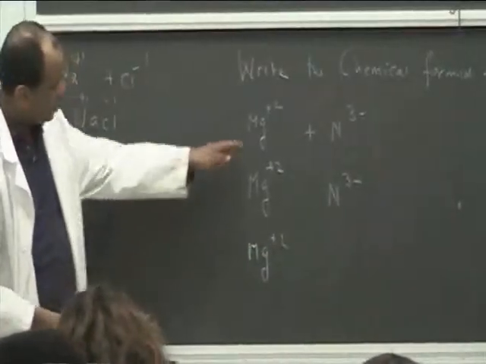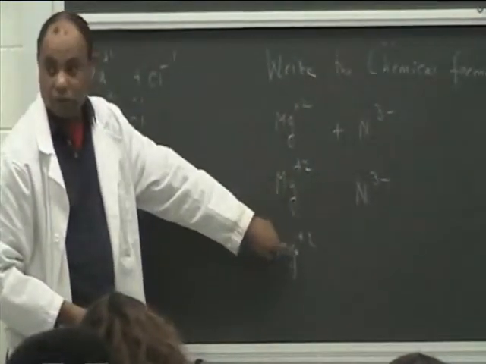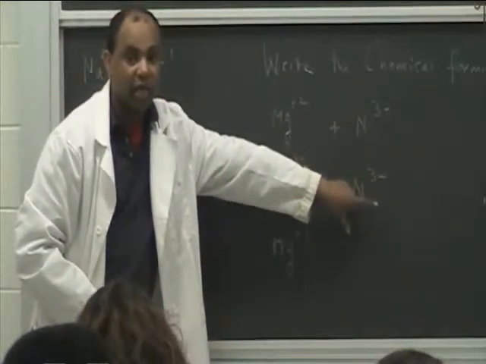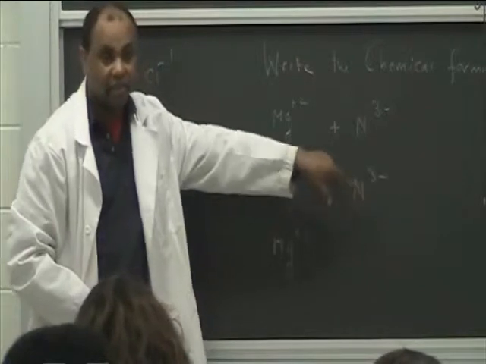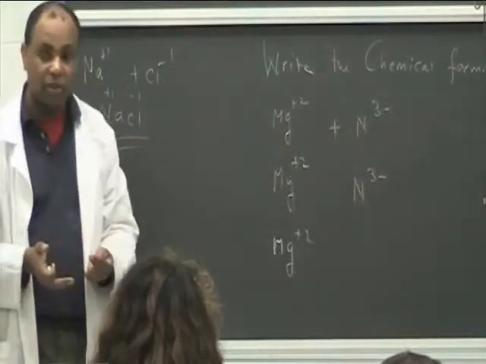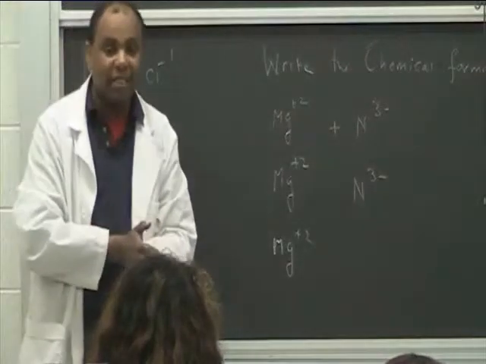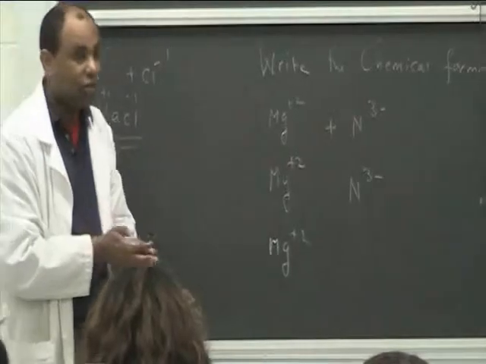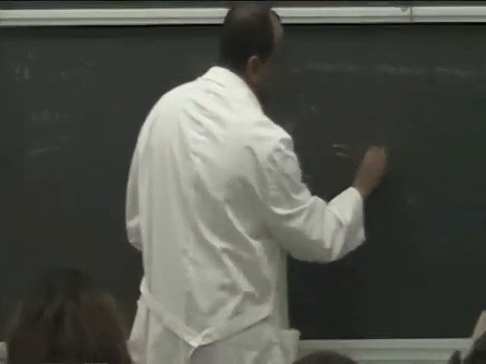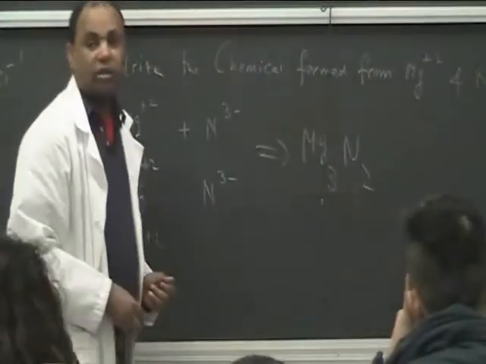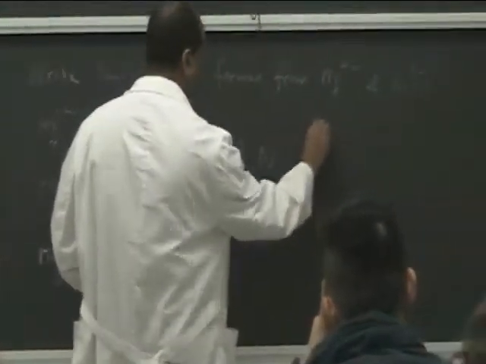Now look here. 2, 2, 2, 6 electrons lost and 6 electrons gained. They balance, right? So if you have a compound formed from magnesium ion and nitride ion, the ratio is going to be what? Mg3 and N2. That's the right ratio here, okay?